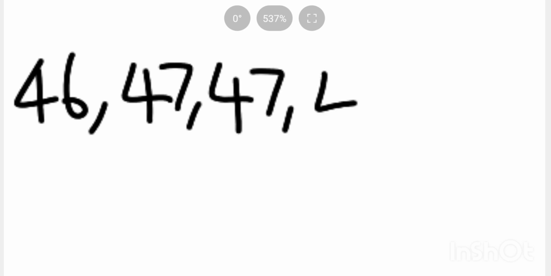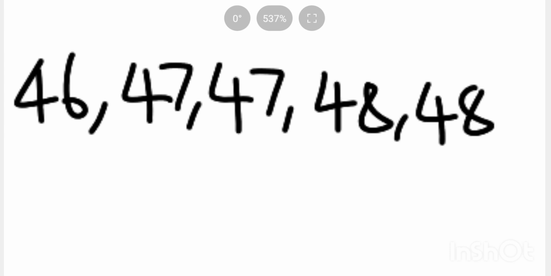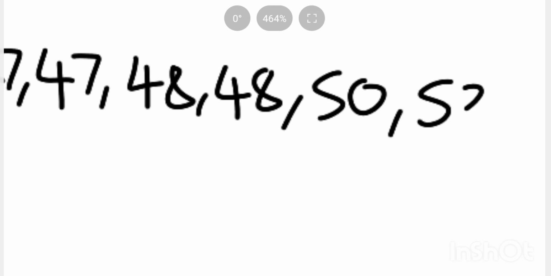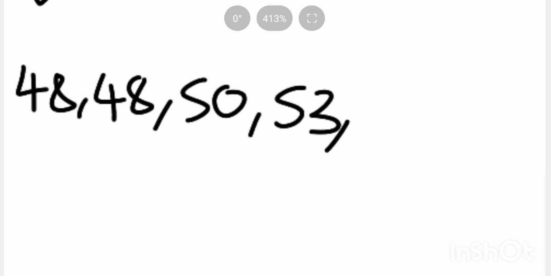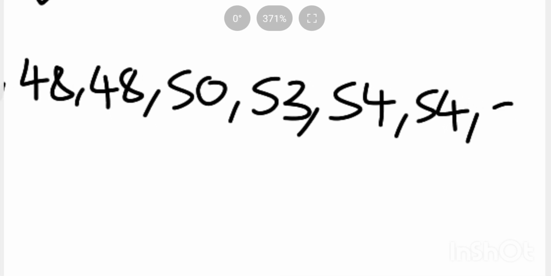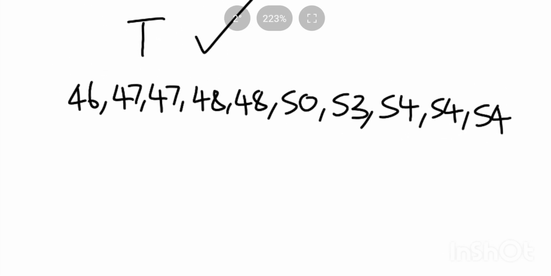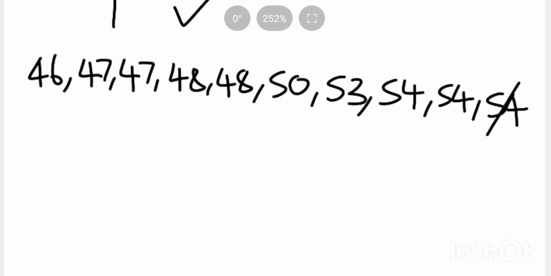So if I just quickly rewrite this, and then we need to choose the number in the middle, so cross out the numbers as we go in, and then you're here now.